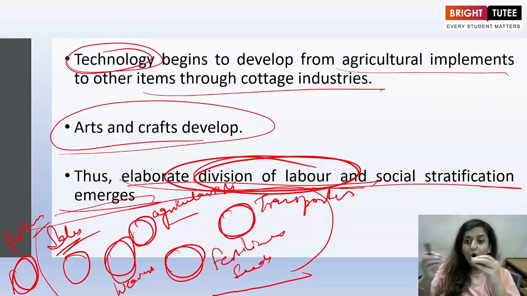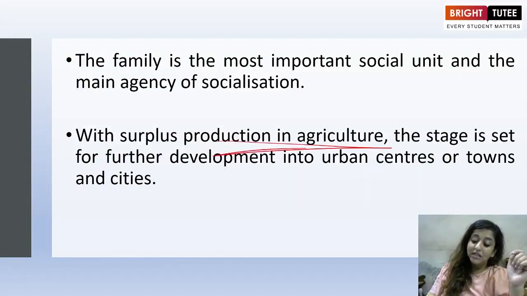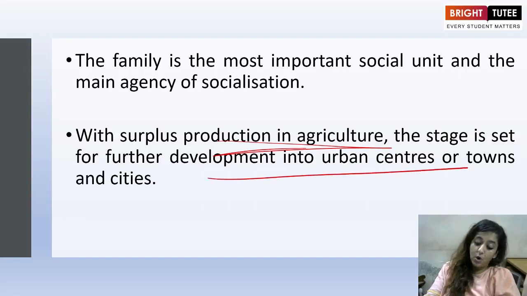So you grow a fiber, that is further processed into threads, and further processed into shirt pieces, and that is how it is linked. The family is the most important social unit and the main agency of socialization. With surplus production in agriculture, the stage is set for further developments in urban centers, towns or cities.